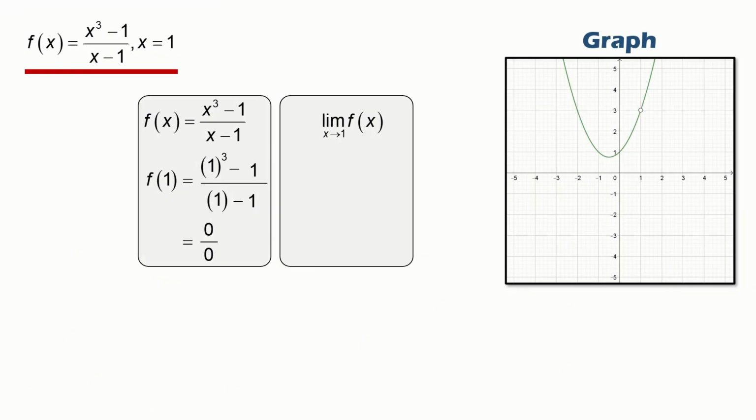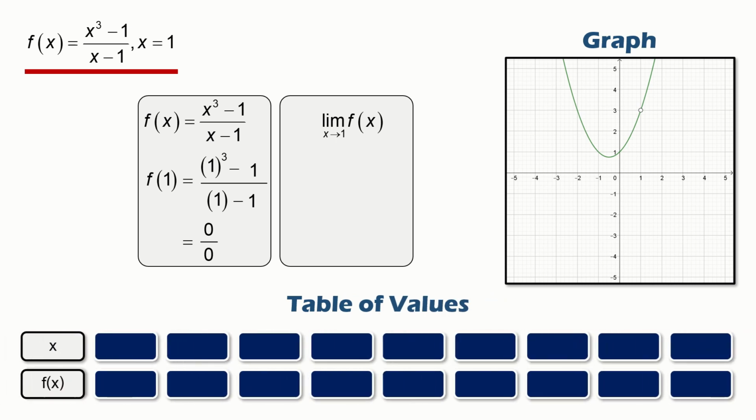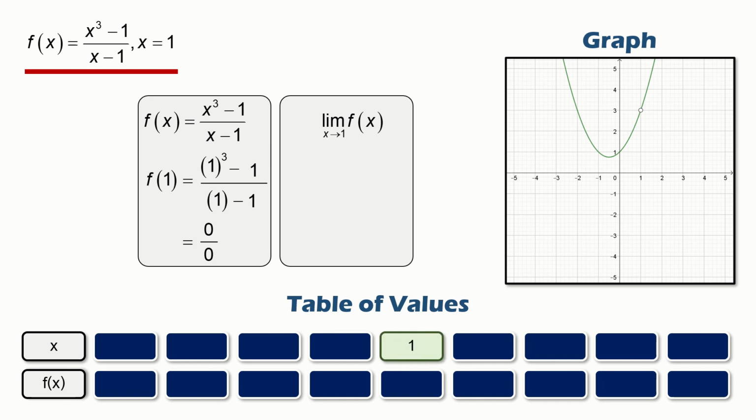To make it more concrete, let's observe the function using its table of values. We are observing the function when its x is as close as possible to 1, but not exactly at 1. You may choose any number that is less than 1.